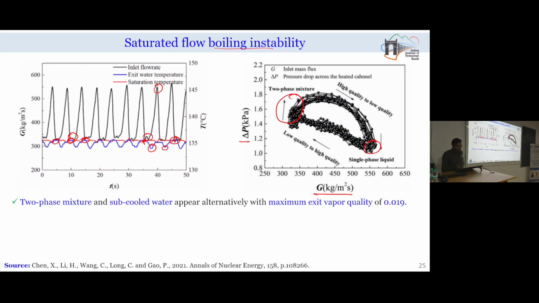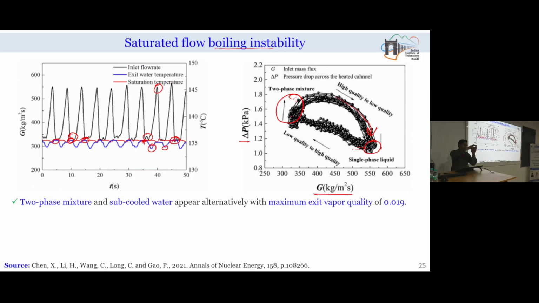So it means that my fluid will continuously keep on translating from high quality zone to low quality zone, and again from low quality to high quality zone. So it will keep on oscillating between single phase and the two phase regime. Yes, so the saturated temperature is fluctuating. All of a sudden what will happen? Vapor has started coming.